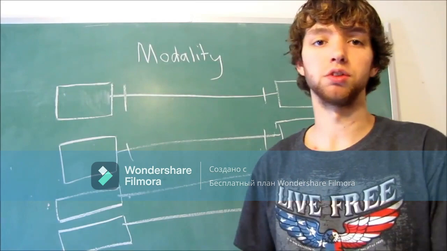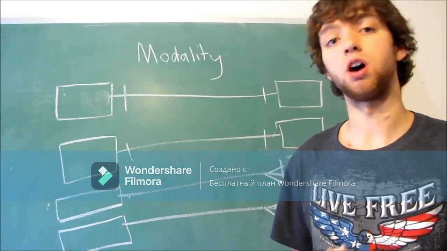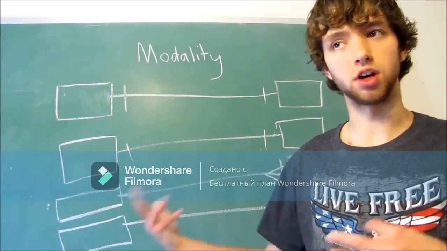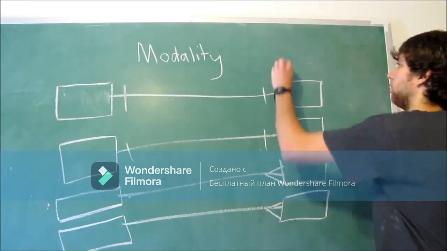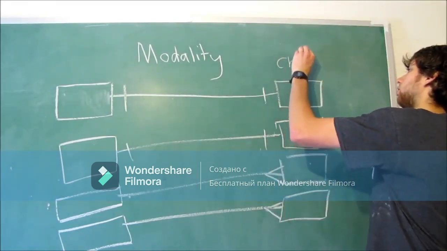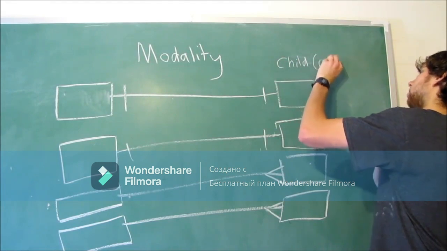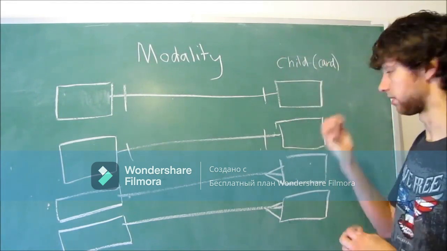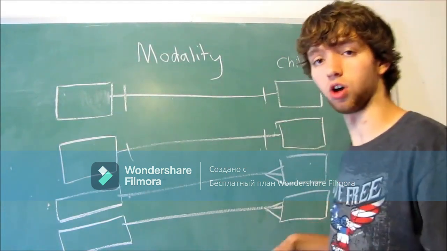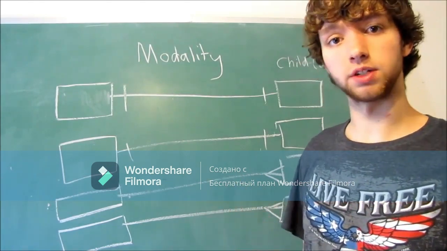Now we can add one more thing to say if it's nullable or not nullable. Basically, does the child, this is the child, which is the card, we're asking, does the foreign key column have the not null characteristic?